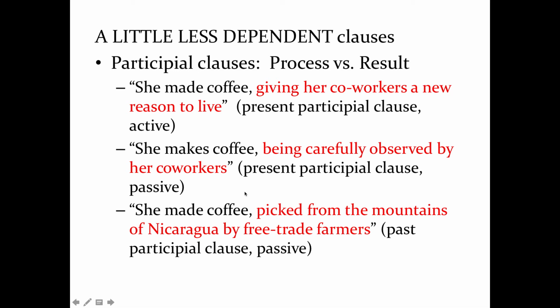She made the coffee that was picked from the mountains of Nicaragua. So she made coffee picked from the mountains of Nicaragua by free trade farmers. It's the coffee that was picked, not she. So in these two, the subject of this dependent clause is the same as the subject of the main clause. In this one, the subject of the dependent clause is the object of the main clause.